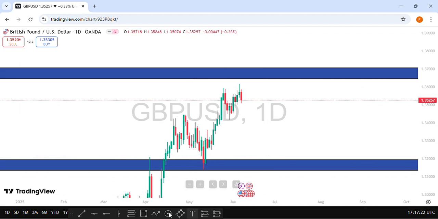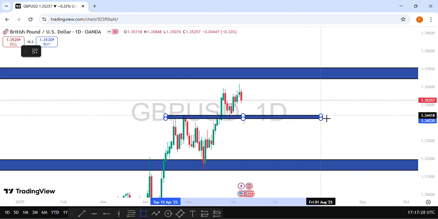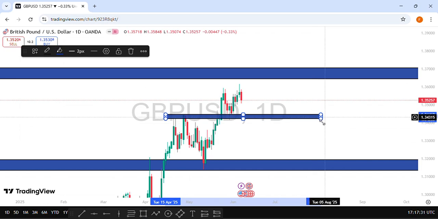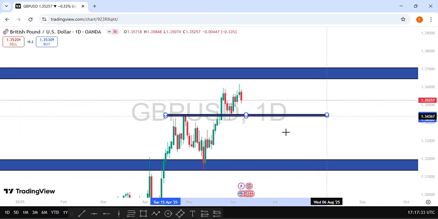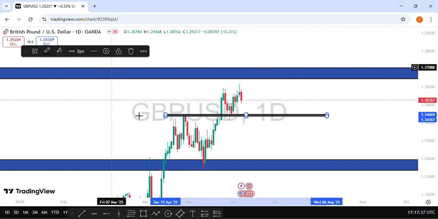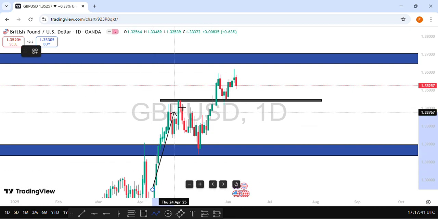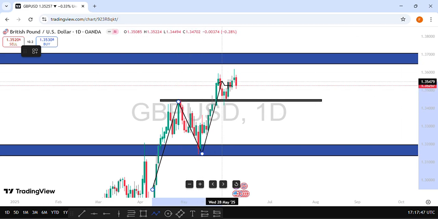As you can see here, the market is trending with higher high, higher low, higher high, higher low.